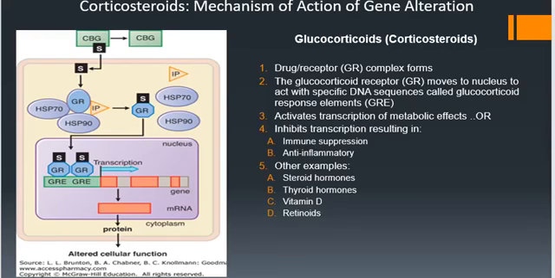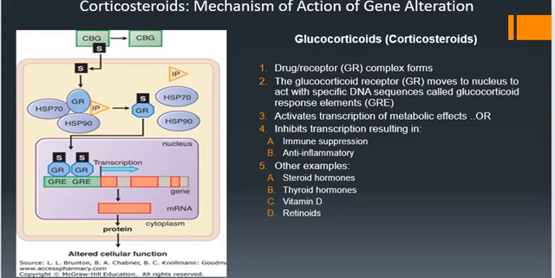Okay, and so we said earlier that these corticosteroids are really potent immunosuppressive drugs, and that's because they operate essentially at the genomic level. When you give an immunosuppressant like a corticosteroid, they basically inhibit the production of certain pro-inflammatory proteins and enzymes and receptors and so forth.